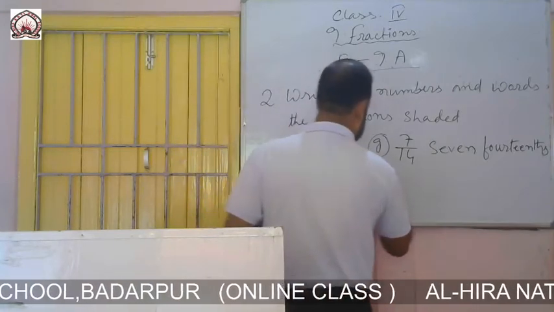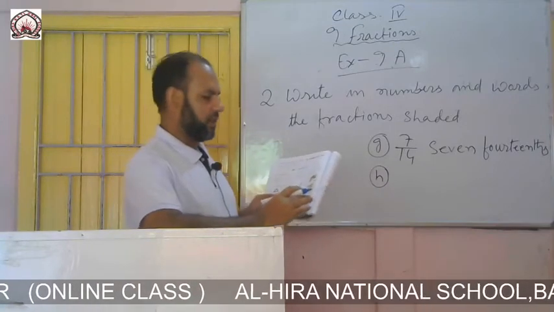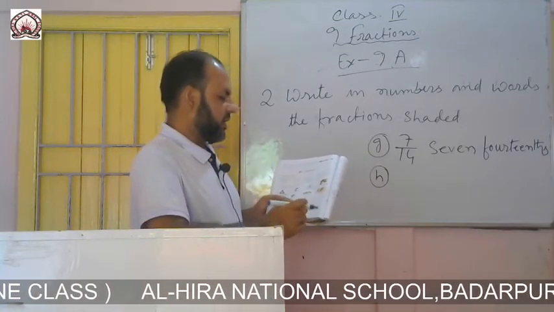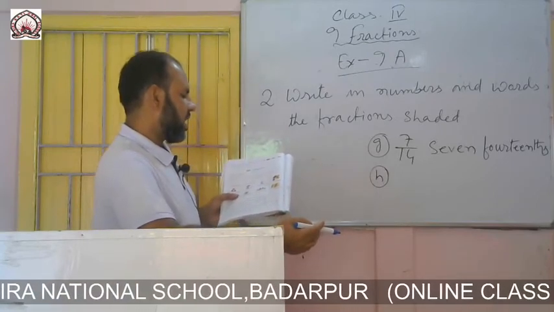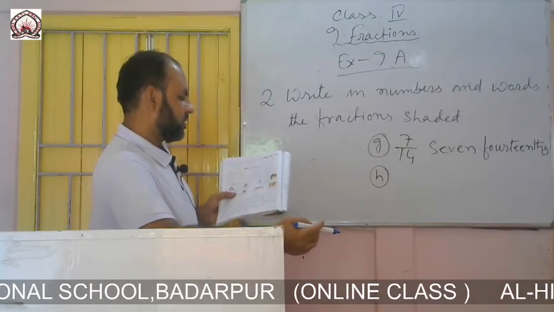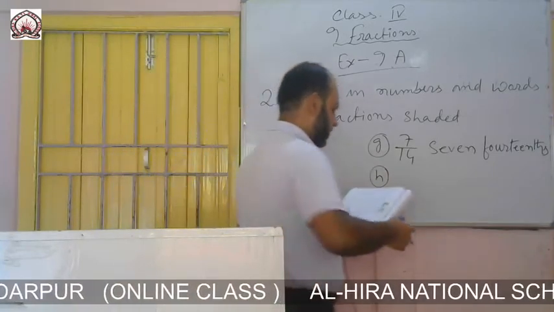Next, question number H. In this picture we get 16 triangles. Out of 16, 14 are colored.